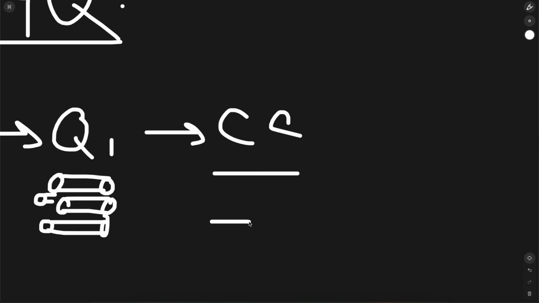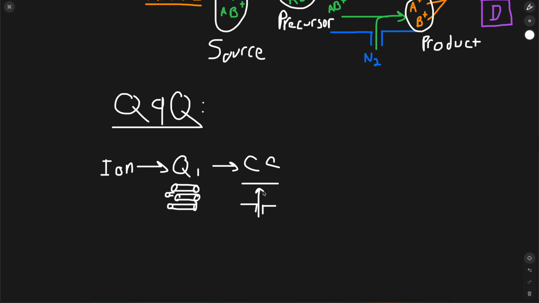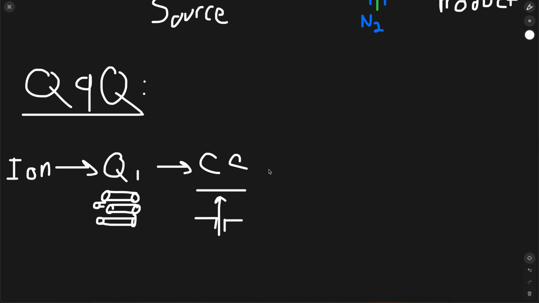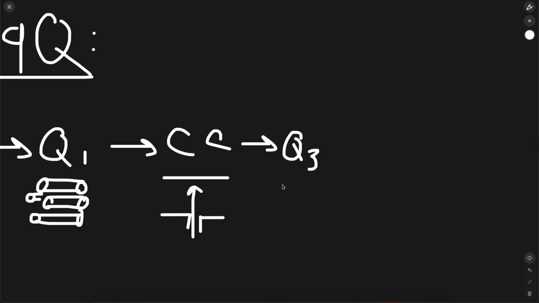So we'll just draw a little diagram of a collision cell. And then what we have is another quadrupole. This is among the simplest. This will be Q3. This is another quadrupole. And hopefully you can follow that. It shouldn't be that difficult to wrap your head around.